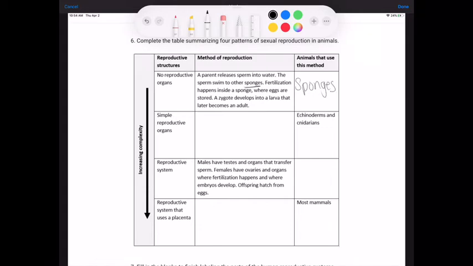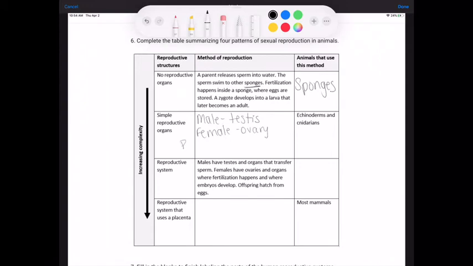Now we have one with simple reproductive organs, and these are echinoderms and cnidarians, and you read about that. And here, the male reproductive organ is a testis, and the female is an ovary.